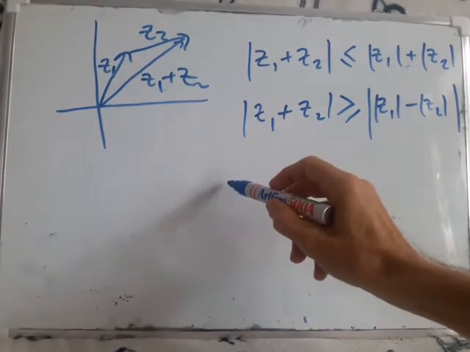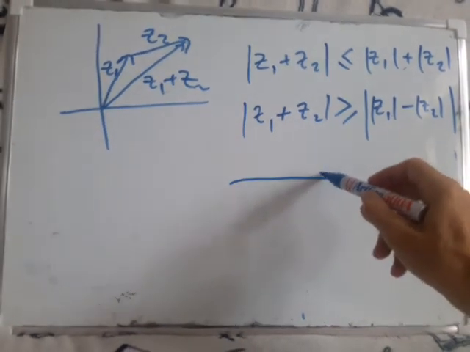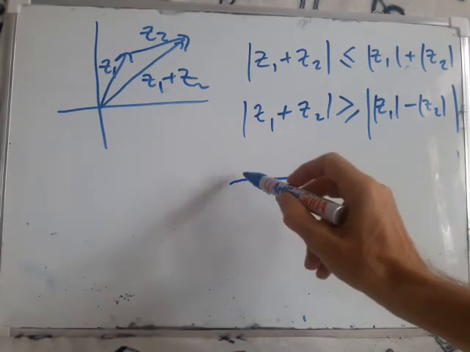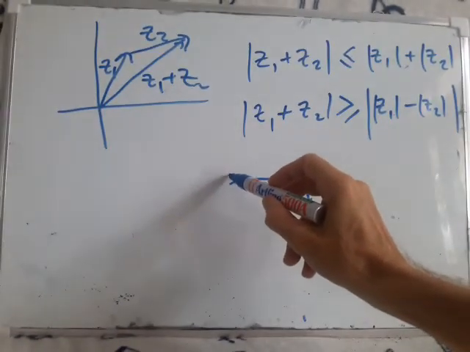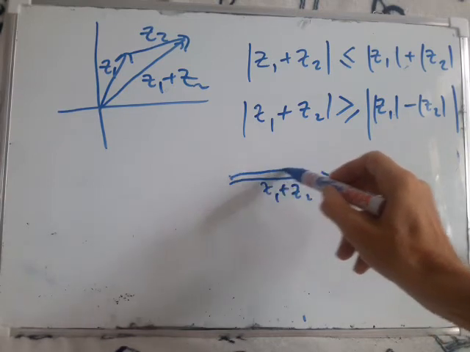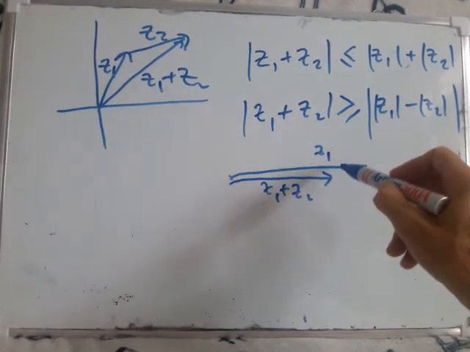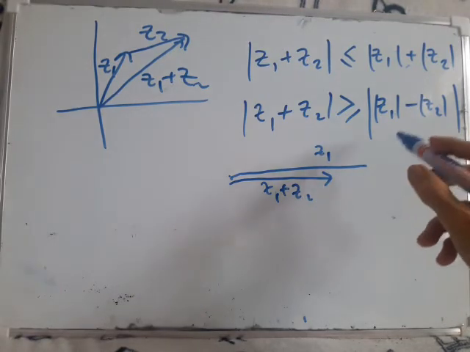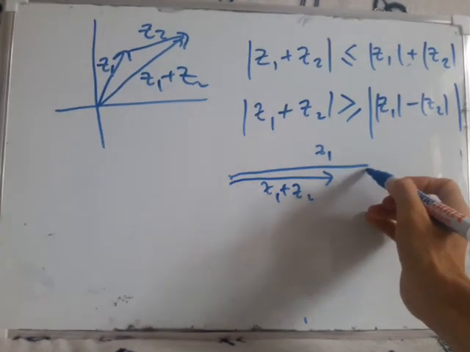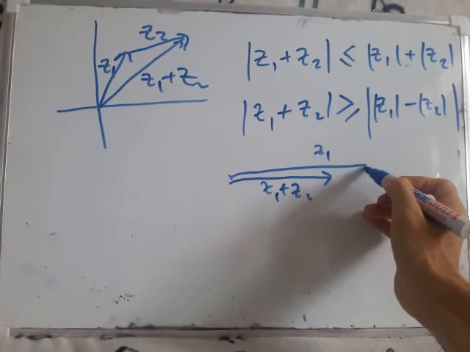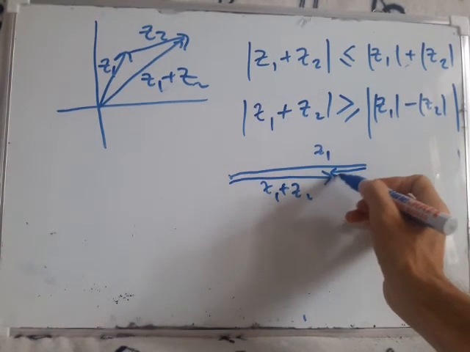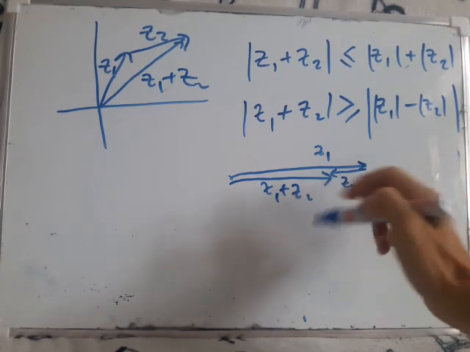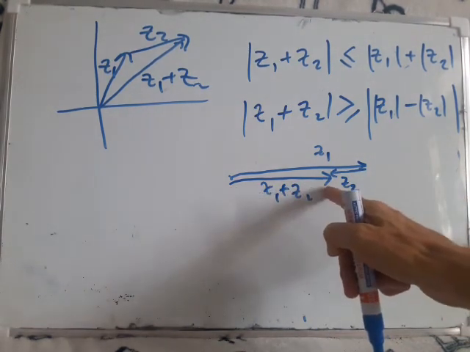if you were to have this situation here, z1 plus z2, and you had one side which was z1, which was longer than z1 plus z2, then z2 has to come back so you end up with z1 plus z2 like this.